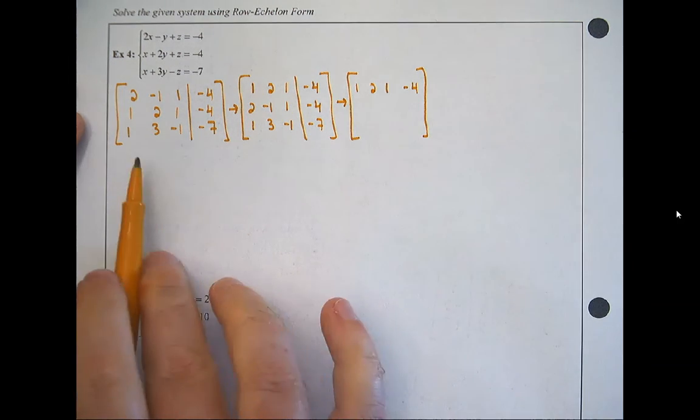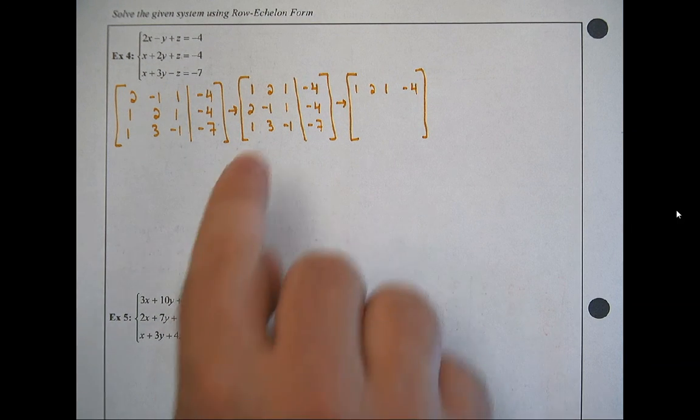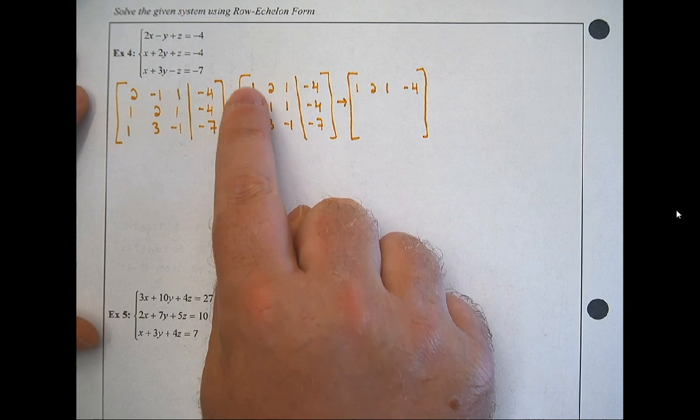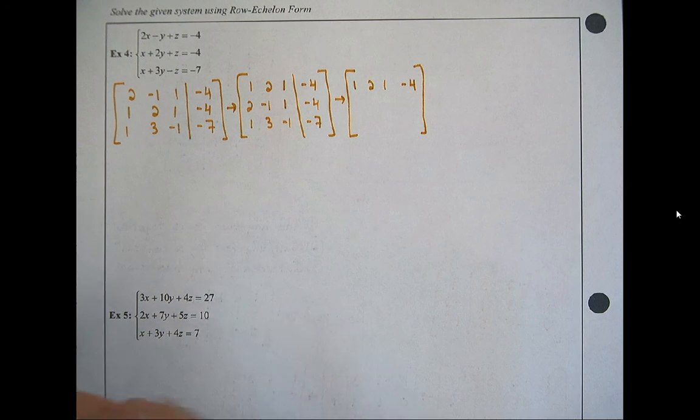Are we happy with row 2? No. So I'm going to have to do some work on row 2. I want this to be a 0. I can't just directly cancel, but I can multiply row 1 by a negative. That would end up canceling it out. So I'm going to take row 1 and times it by -2.